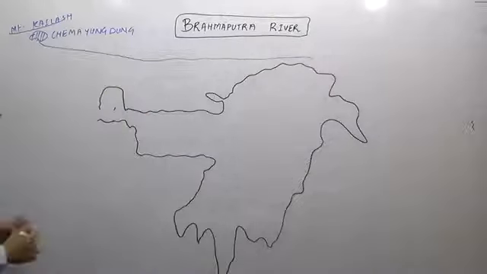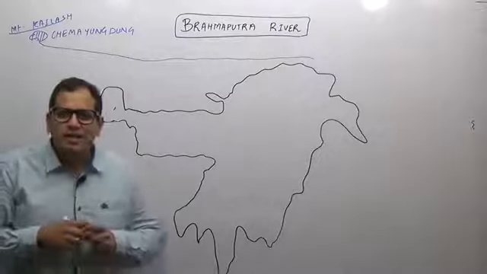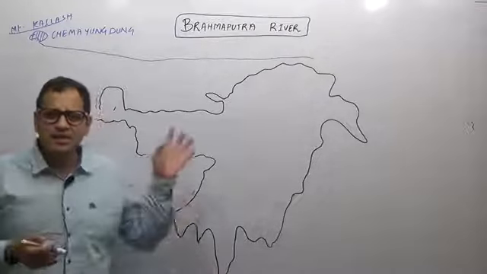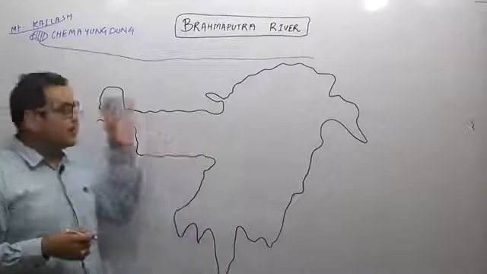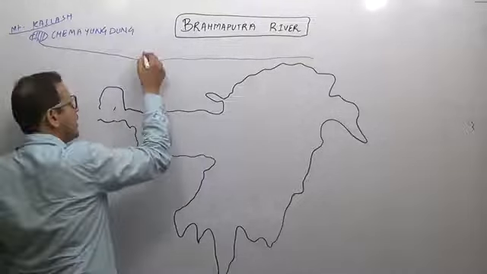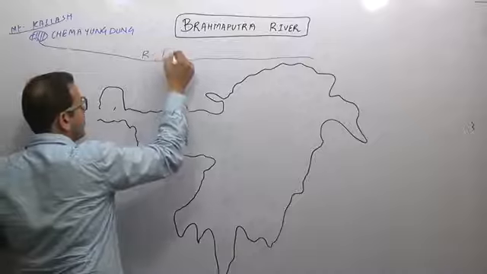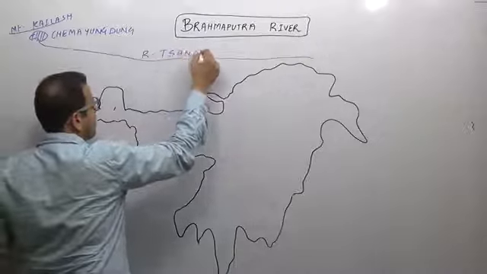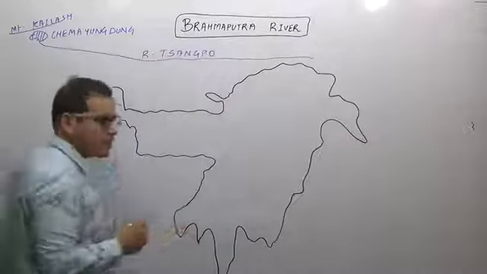After originating, it flows in a surprisingly straight path in the Tibetan region or the China region. In this region, it is known as the river Tsangpo.